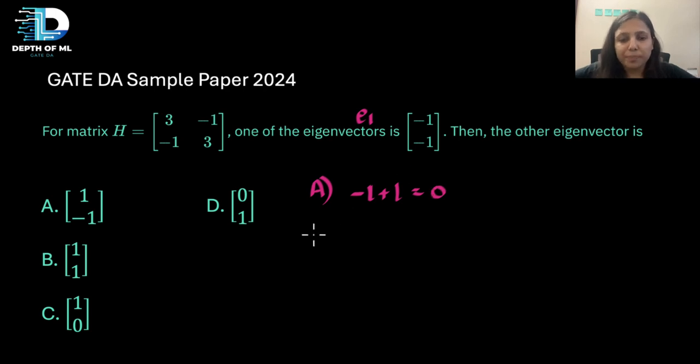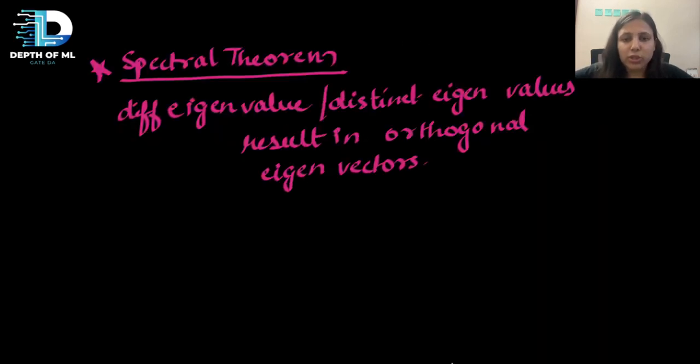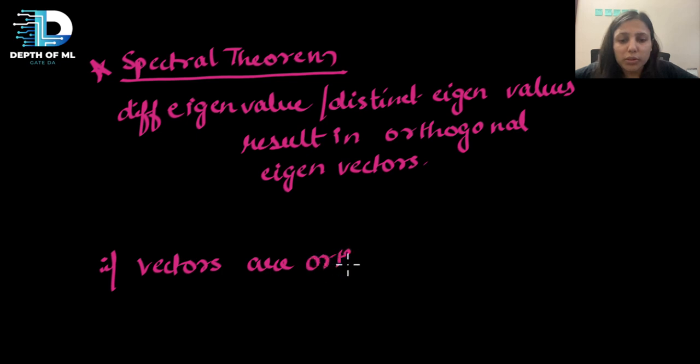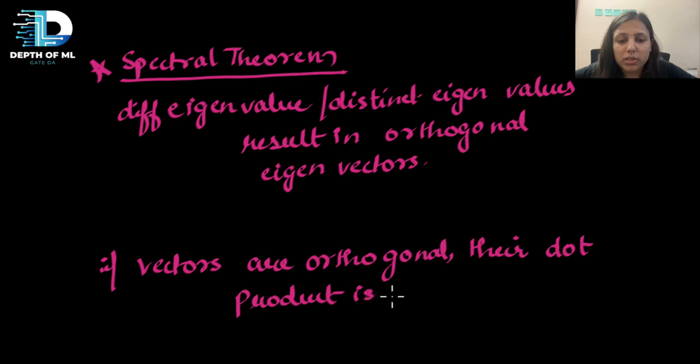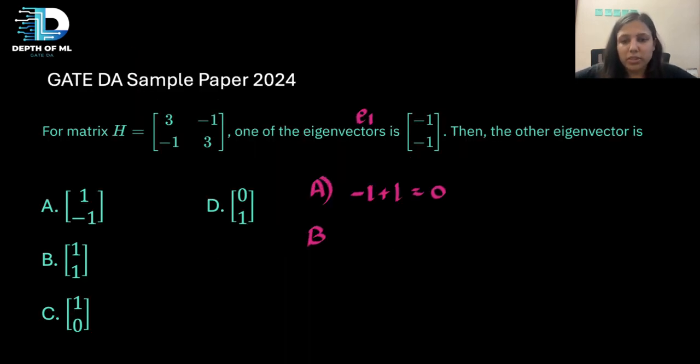Another thing I should state here is that if vectors are orthogonal, their dot product is 0, except when the vector is 0, but eigenvectors cannot be 0, so only when they are orthogonal to each other will their dot product be 0, right? So this is 0, so this is definitely our answer, but let's check the others as well.